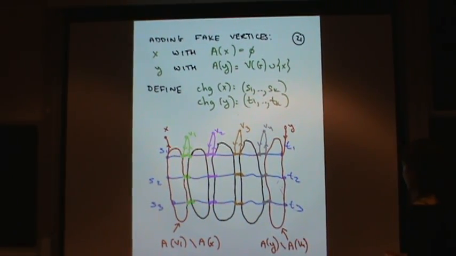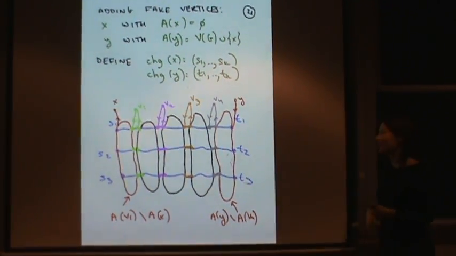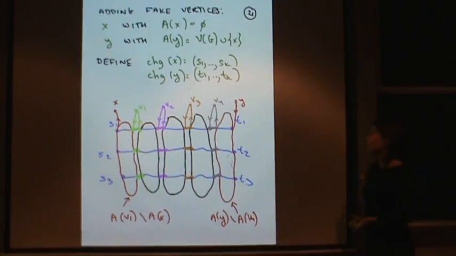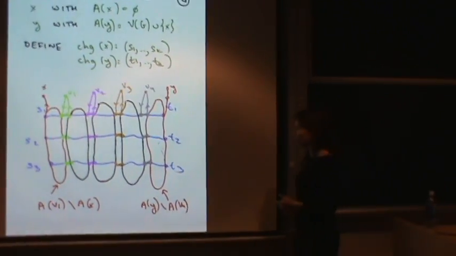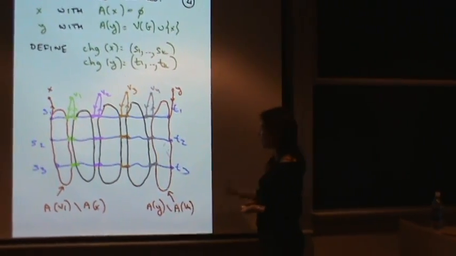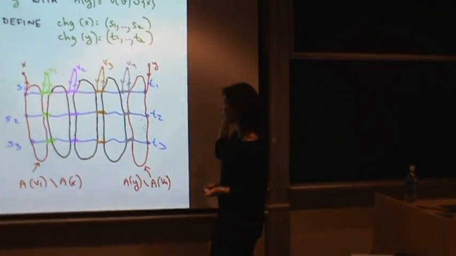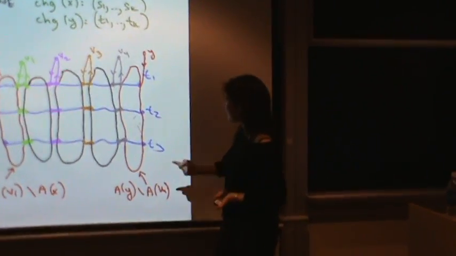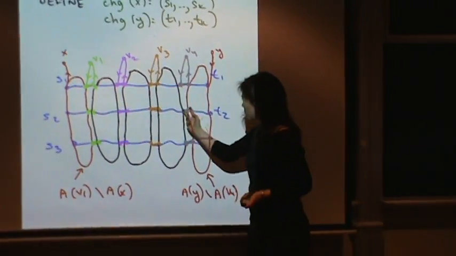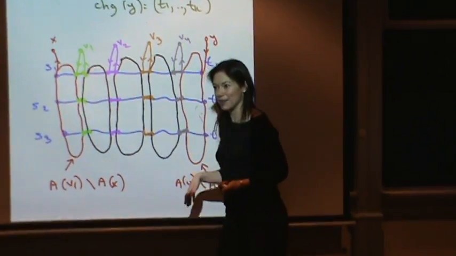So what about the other way around? I need to check that if I found a path in my auxiliary graph, then there was a linkage. That's similar. I don't want to do the details of that, but what does it mean that there is a path in the auxiliary graph? Well, that means I can find a bunch of vertices with a bunch of changeover places and linkages between them.